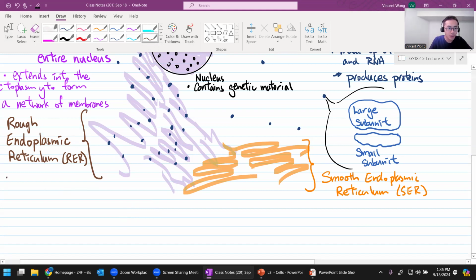The rough ER, together with the ribosomes, produces and packages proteins into vesicles.